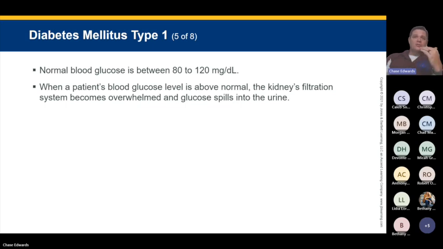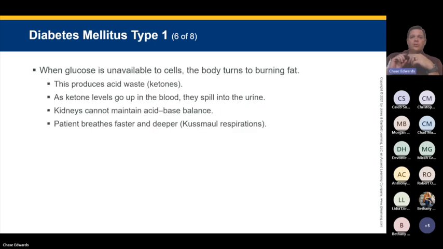When a patient's blood glucose level is above normal, according to these numbers, the kidney's filtration system becomes overwhelmed and glucose spills into the urine. When glucose is unavailable to the cells, the body turns to burning fat. When the body burns fat rather than glucose, it produces acid waste called ketones. If anybody's ever been on the keto diet, they know what ketones are.